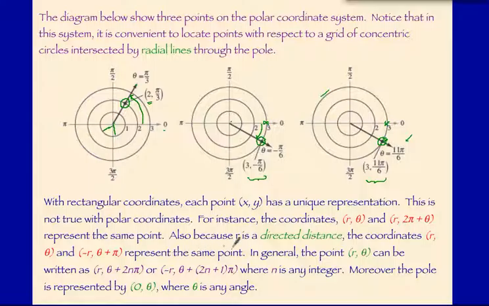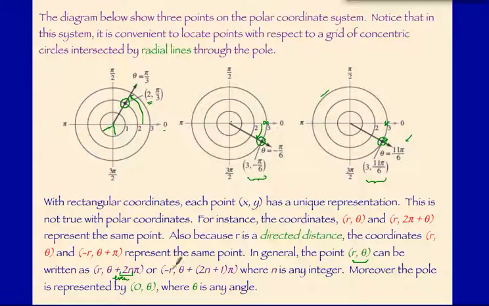So to generalize this, the point (r, theta), our basic set of coordinates for any point in the polar coordinate plane, can be written this way: (r, theta plus 2n pi). 2n is a way that we represent an even number. So they're saying your angle plus any even number of pi rotations will take you back to the same point.